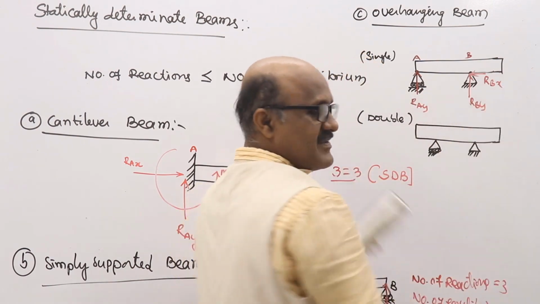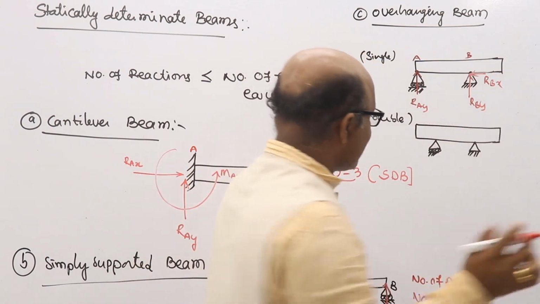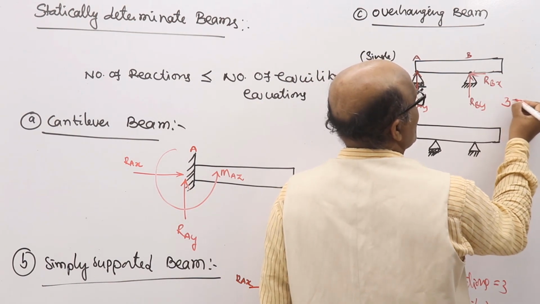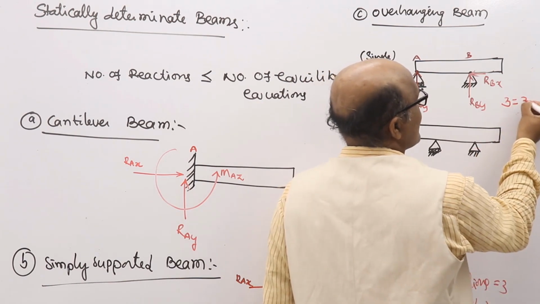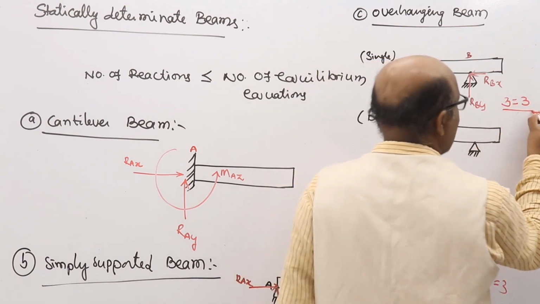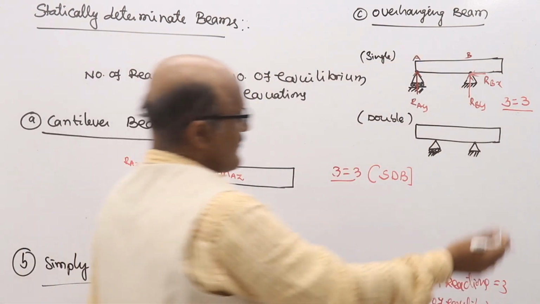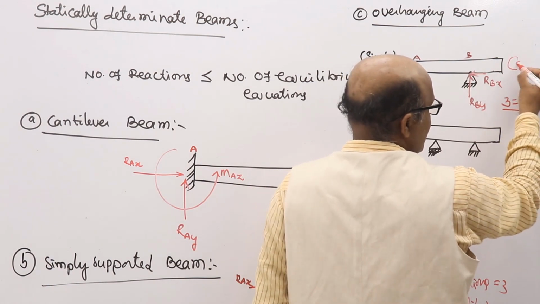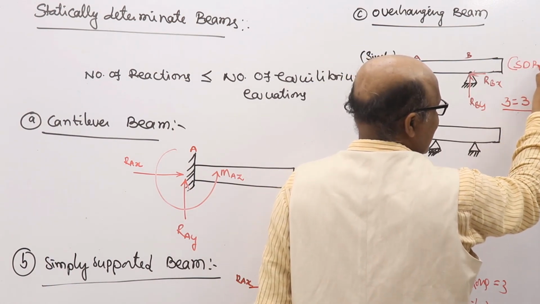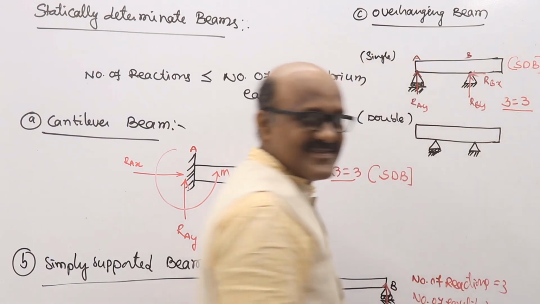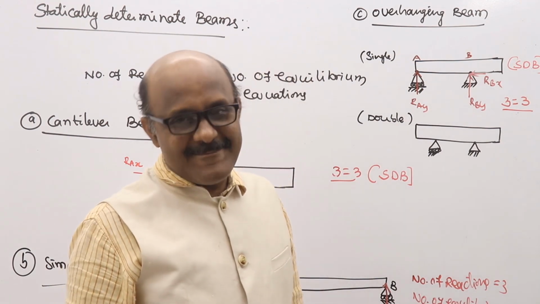Number of reactions is equal to 3. Number of equilibrium equations is equal to 3. So number of reactions equals number of equilibrium equations. So this type of beam is called a statically determinate beam, my dear students.